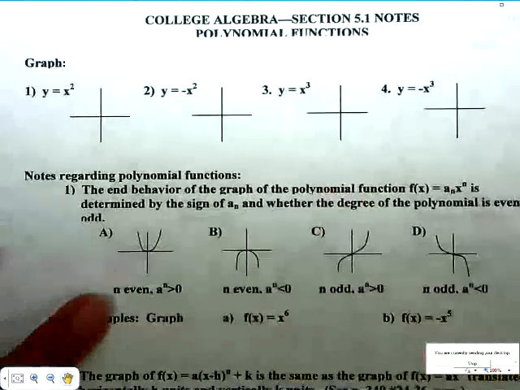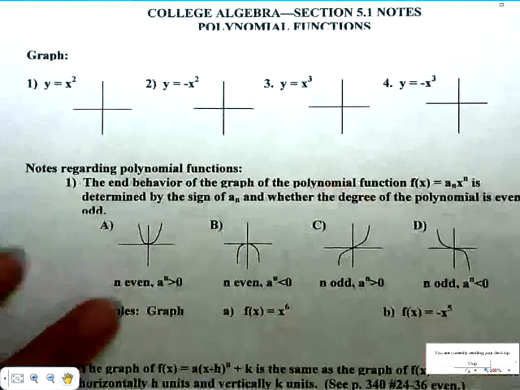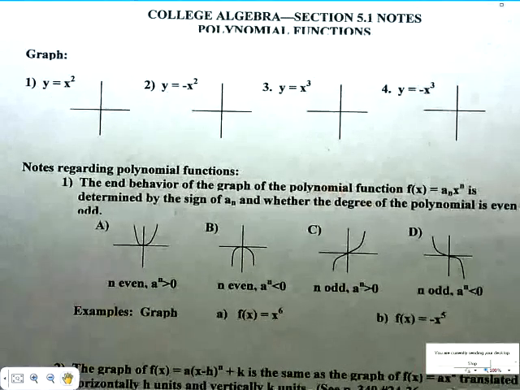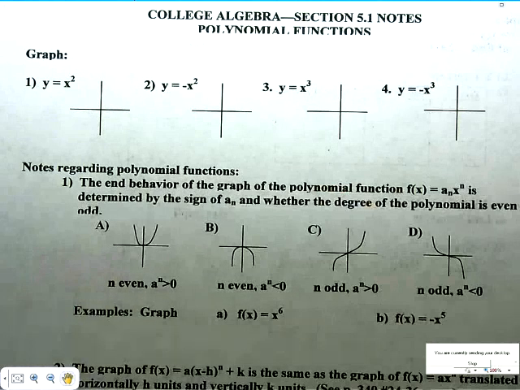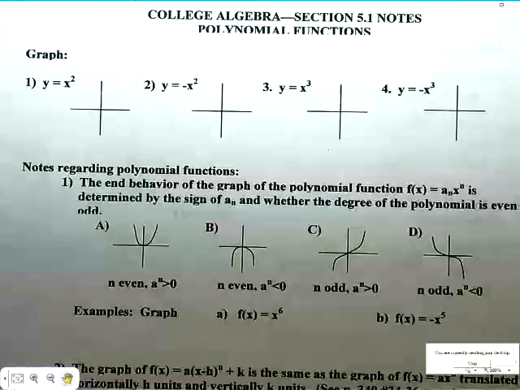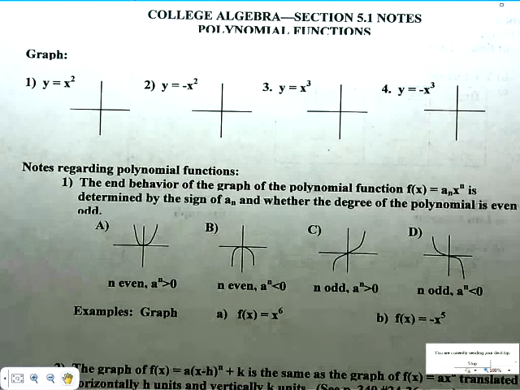What I really like about this section is that when I was in high school, I didn't see the big picture. I'm not sure the big picture was told to me. It may have been and just went in one ear and out the other. But I felt like I had to make a huge XY chart to graph anything because I didn't realize what all graphs have in common. So I'm making sure that you know what all graphs have in common.